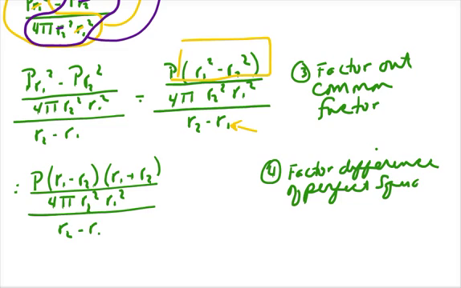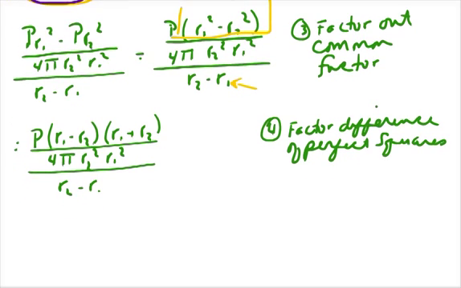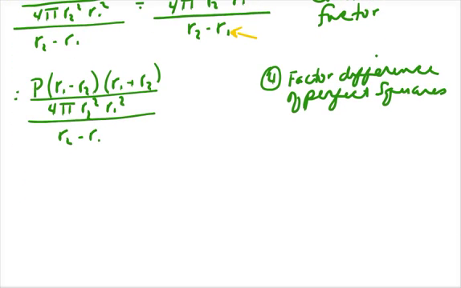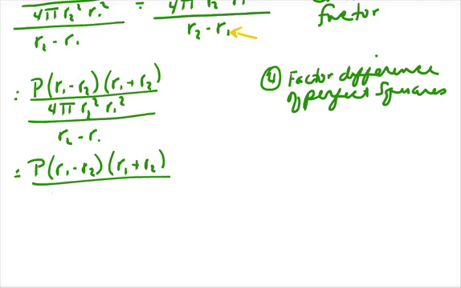Next, I've got division on the bottom, so I'm going to multiply by the reciprocal, so I can start to hopefully see something emerge here and clean it up a bit.